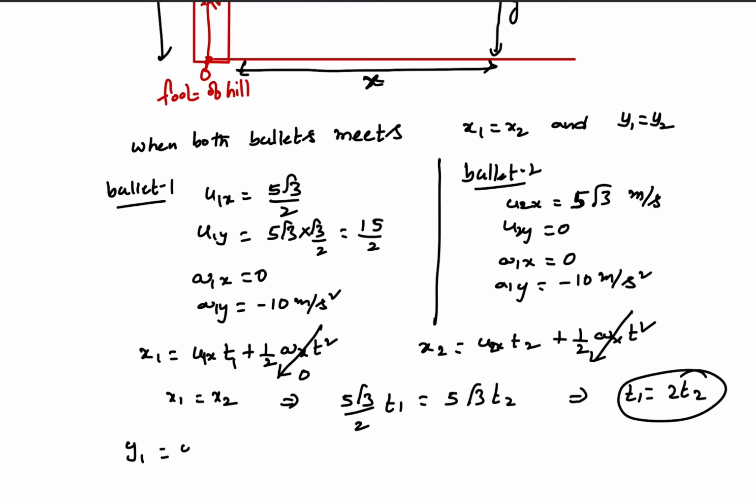Similarly, y1 and y2 are also the same. We can write y1 is equal to u1y t1 plus half a1y into t1 square. Similarly, y2 is equal to u2y t2 plus half into a2y into t2 square.